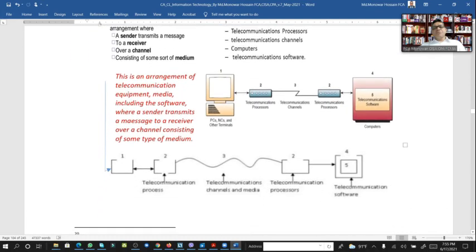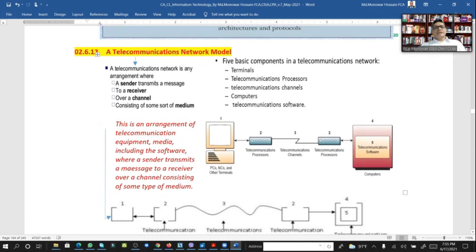The telecommunication network model: a telecommunication network is any arrangement where a sender transmits a message to a receiver over a channel consisting of some sort of medium. There are 5 basic components of a telecommunication network: terminals, telecommunication processors, telecommunications channels, computers, and telecommunication software.